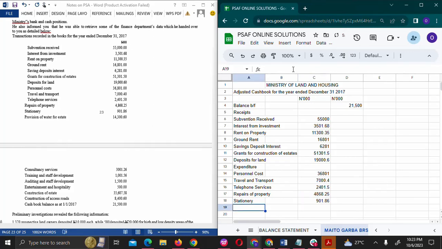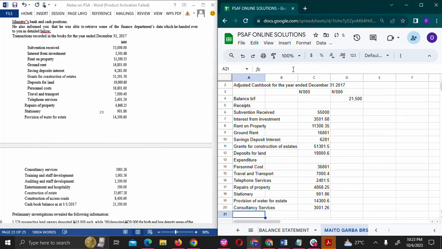Then provision of water for estates, 14,300.60. Consultancy services, 3,001.26.